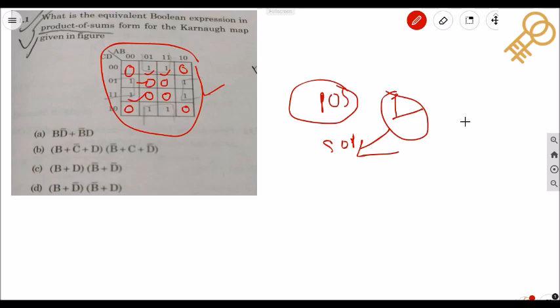as you know, the grouping can be done only in 2 to the power n elements.